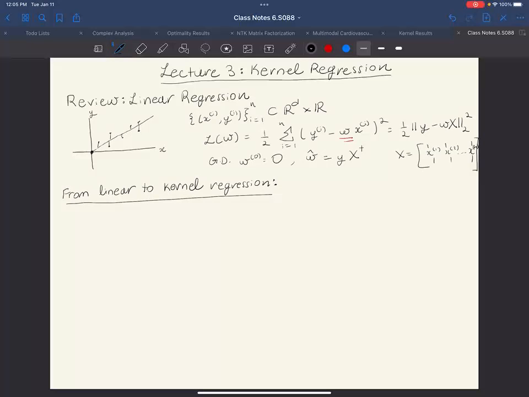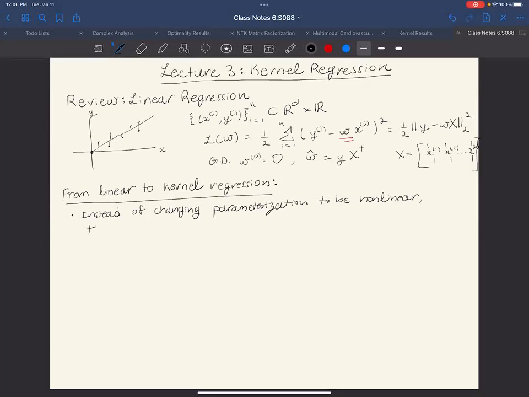In effect, this is a nonlinear model. One way we can think about this is as follows. Here's the key idea. Instead of changing the parameterization to be nonlinear, what I mean by this is instead of changing my function w to be something like w phi of x, phi of w2x, something like that, I'm just going to apply a feature map to my data.